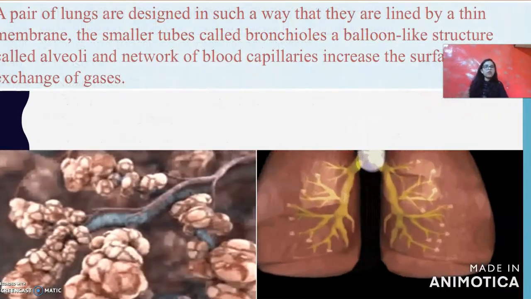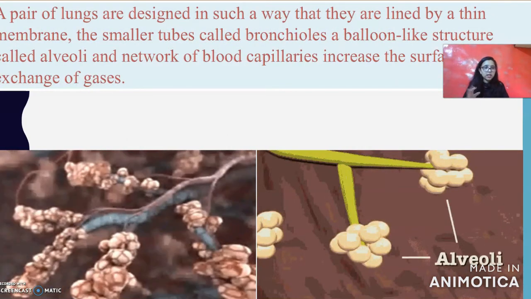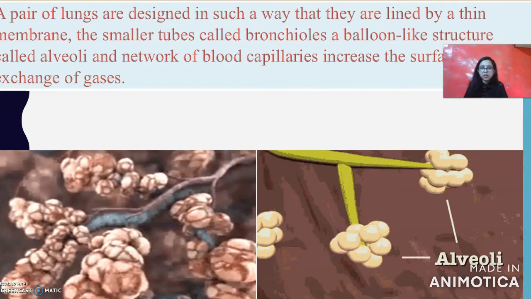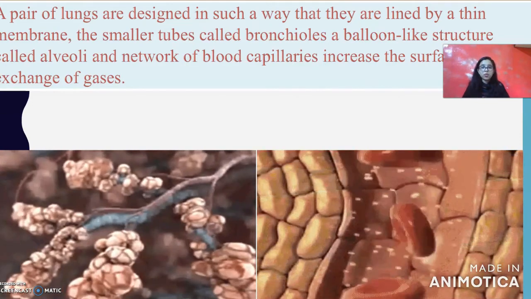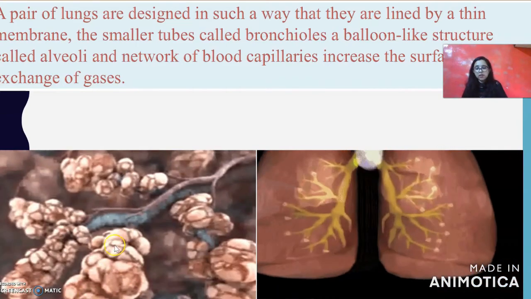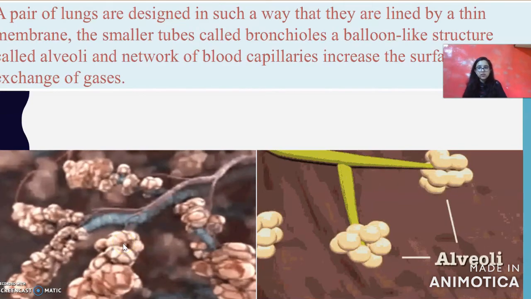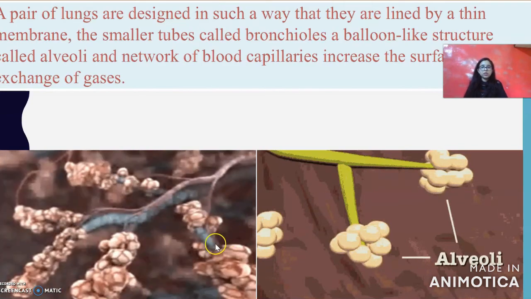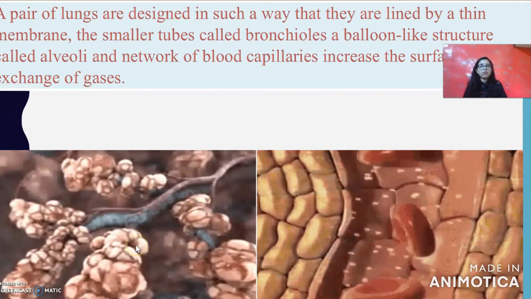A pair of lungs is designed in such a way that they are lined with a thin membrane. They have small tubes called bronchioles, which have these alveolar sacs. Each alveolus is supplied with a high number of blood capillaries.